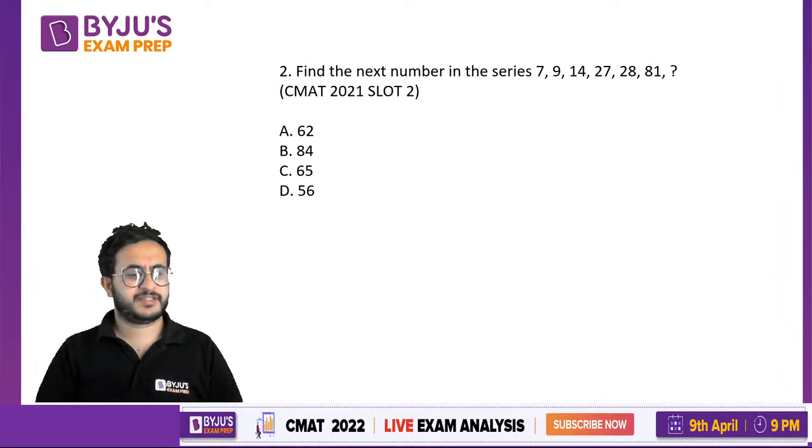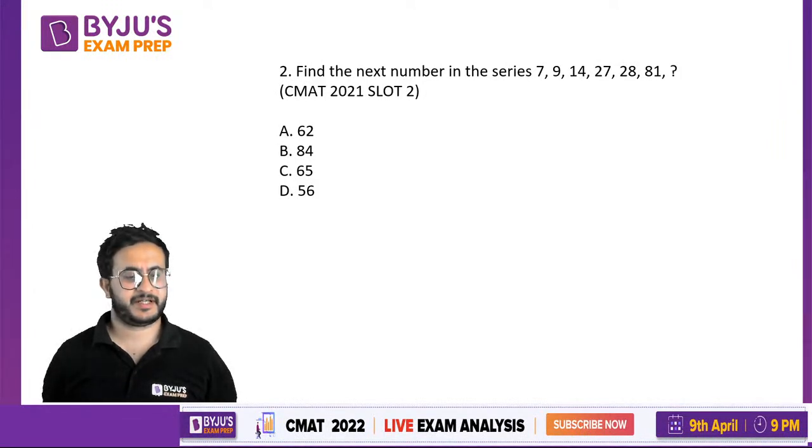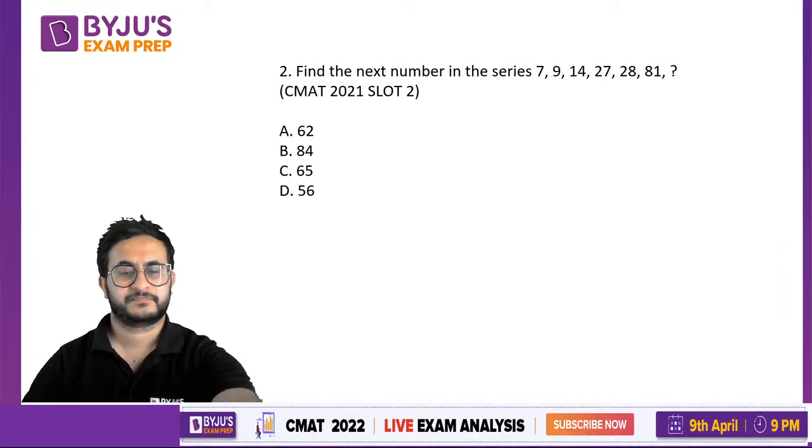Then number series, another variant of question, quite popular in CMAT. So you have to find the next number in the series: 7, 9, 14, 27, 28, 81. It's a very easy one.